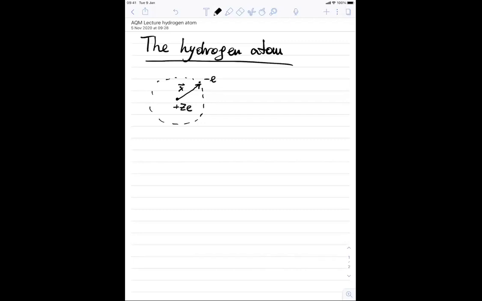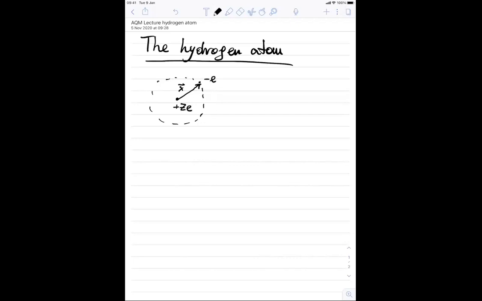So last time we saw that you can reduce the hydrogen atom problem, which is, I remind you, two particles, a nucleus and an electron, bound together, into a simpler problem, which is the relative motion of these two particles.